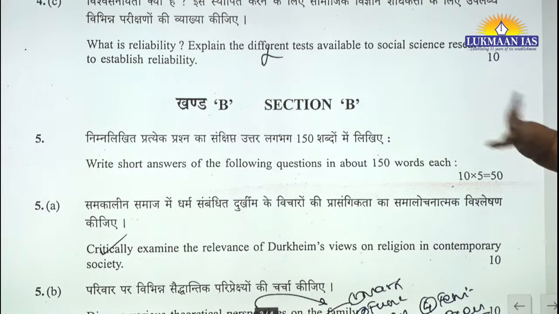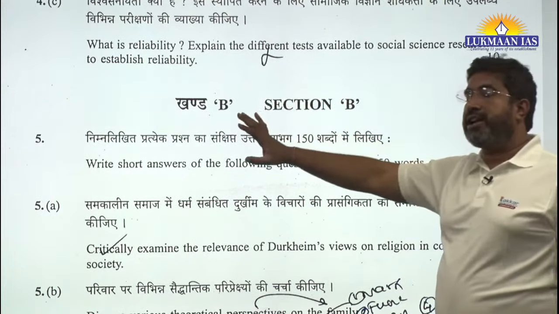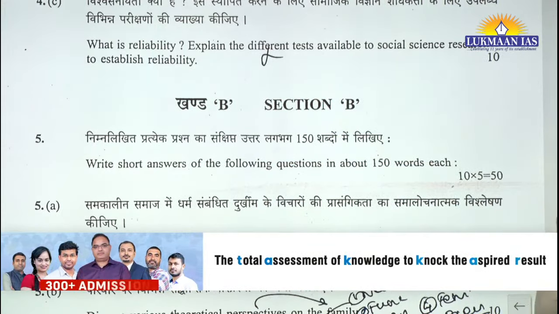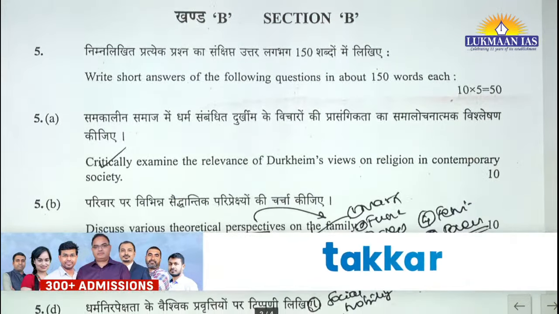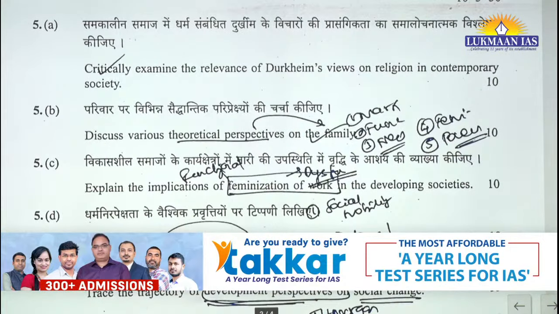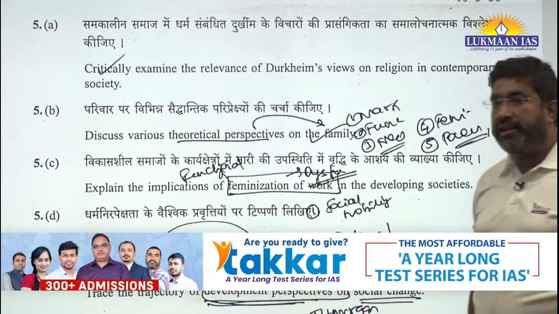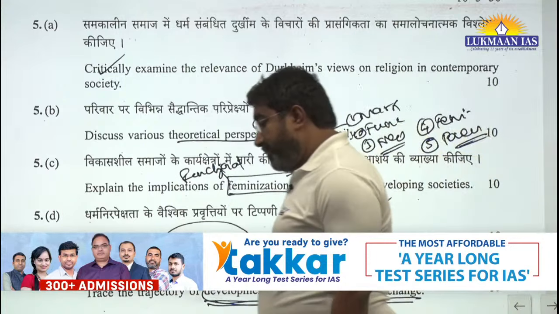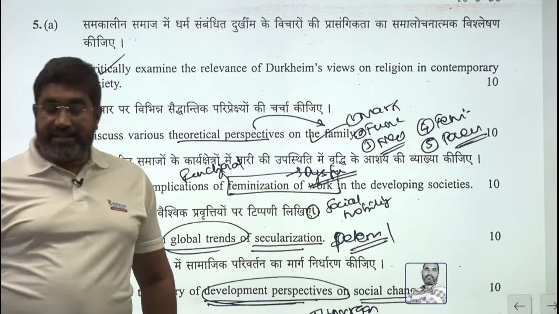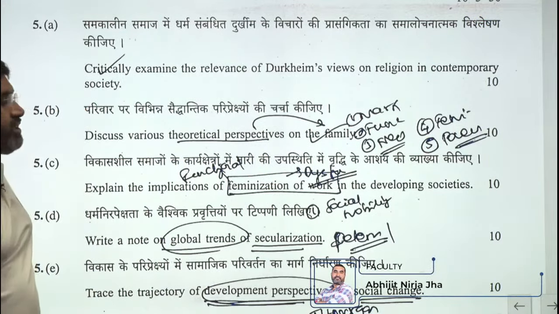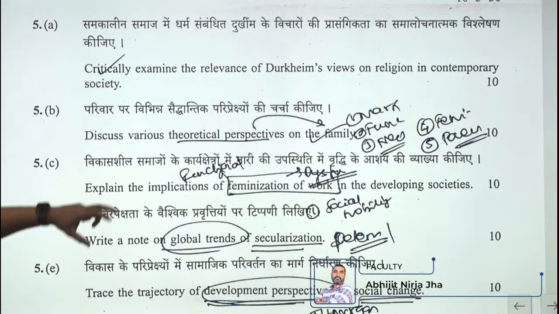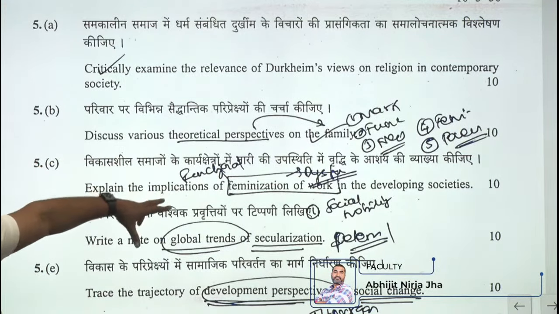You see, section 1 is completely filled with research methods. Now here comes the important part. Write short answers: critically examine the relevance of Durkheim's view on religion in contemporary society. So the things like new religion, civil religion, decreasing role of religion, everything will come under this banner.